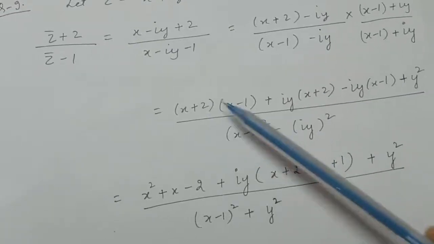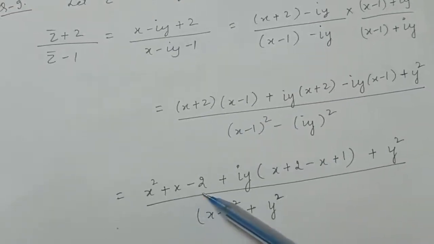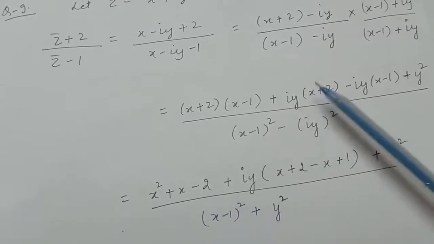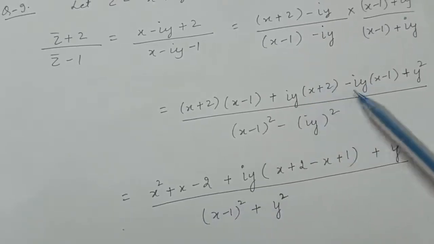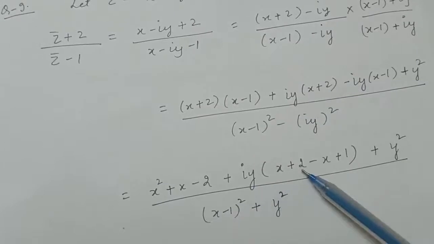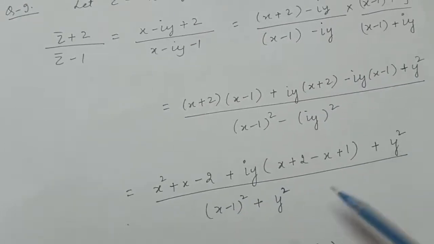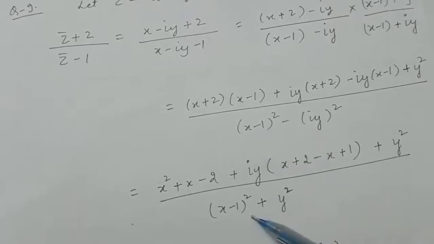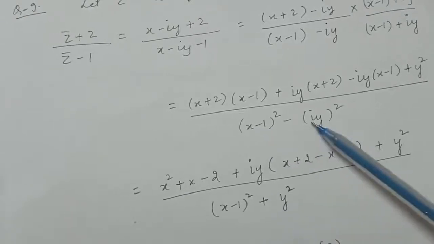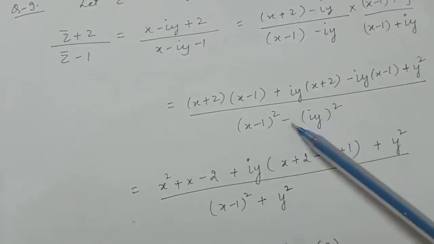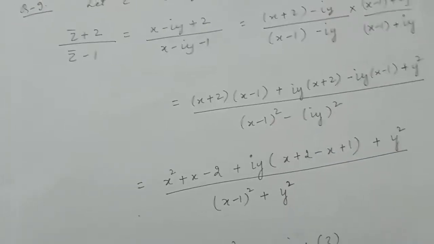Now this product will become x square plus x minus 2, plus from these two terms I am taking iota y common. So you will get x plus 2 minus x plus 1, plus y square, divided by x minus 1 whole square plus y square, because iota square is minus 1 and therefore minus minus will become plus.